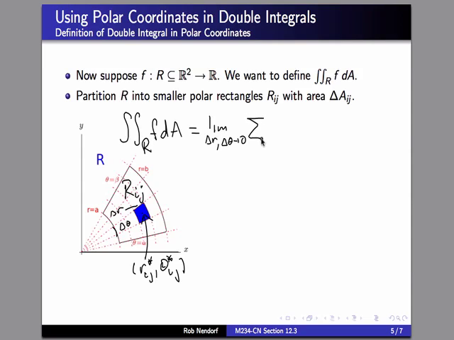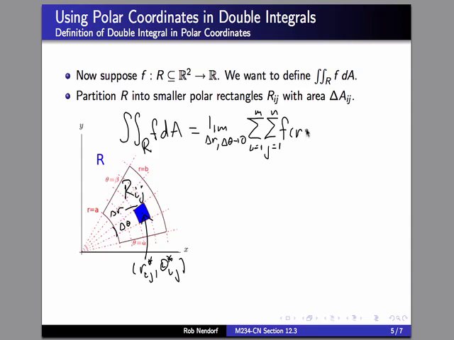And then we're going to compute this Riemann sum. So we have i equals 1 to m and j equals 1 to n, so this double sum. And then of course for this sample point, this midpoint, so we're kind of using a midpoint rule here, we're going to evaluate our function at that point.